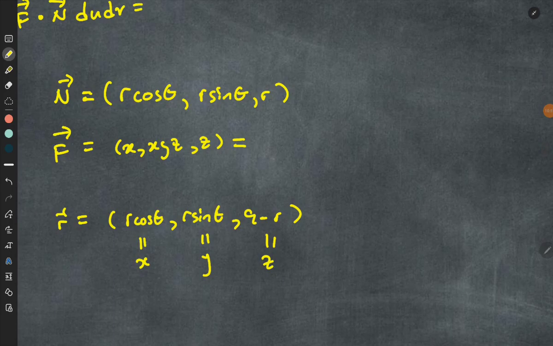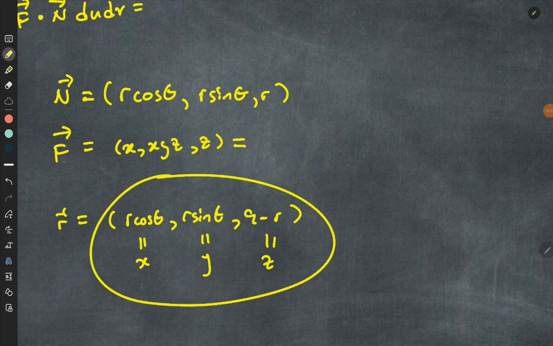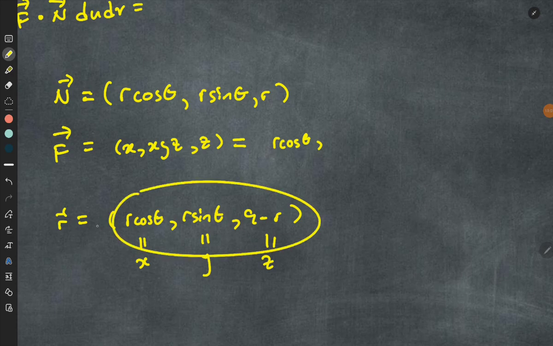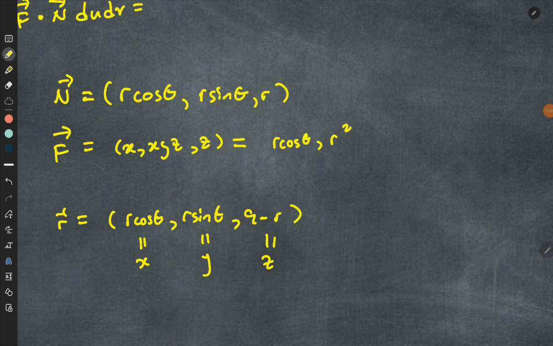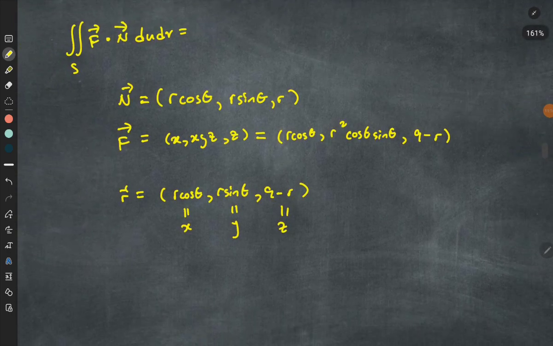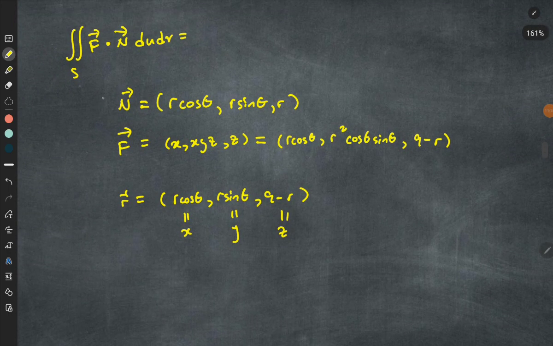We can just substitute these values in. So x becomes r cos theta, xyz is the product of these three, so r squared cos theta sine theta, and z is just 9 minus r. Now let's dot these two.